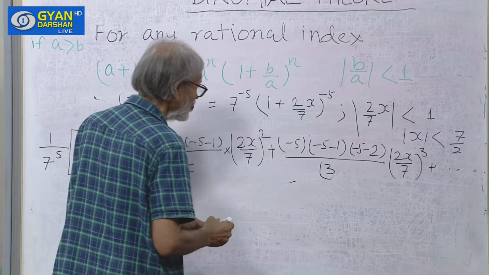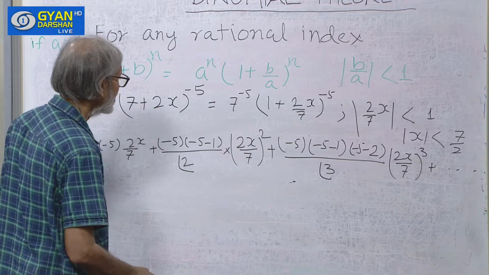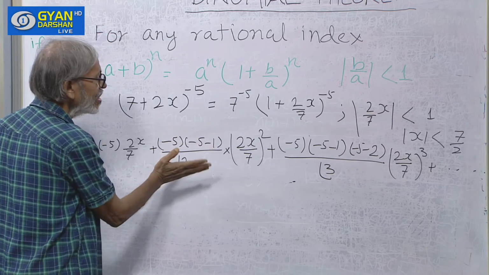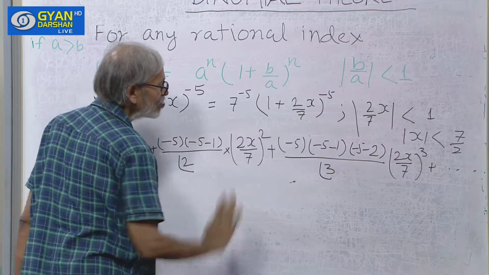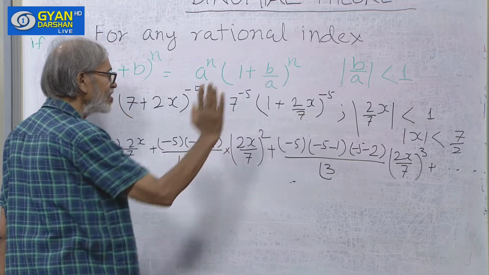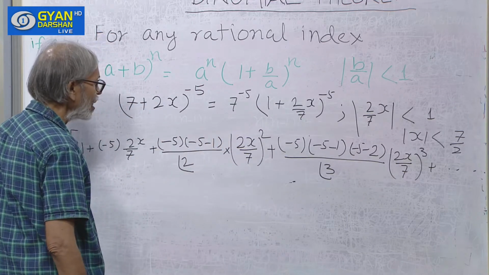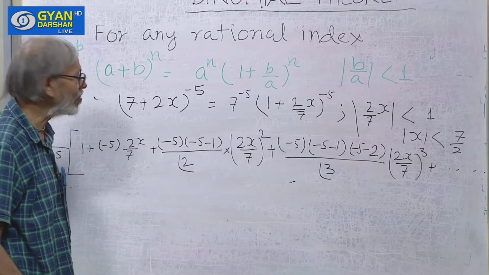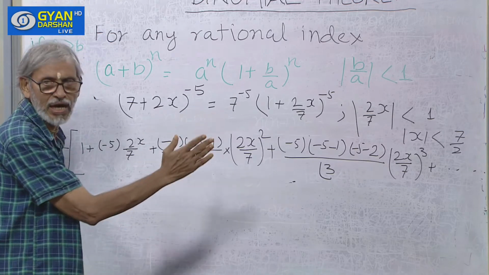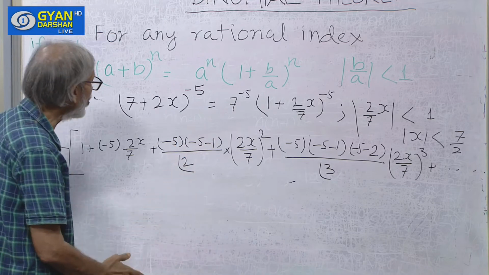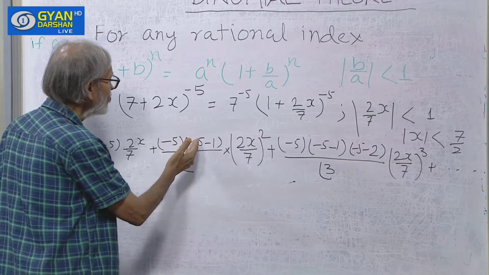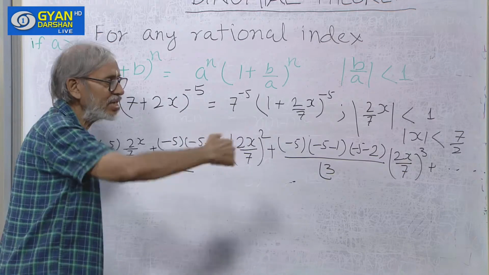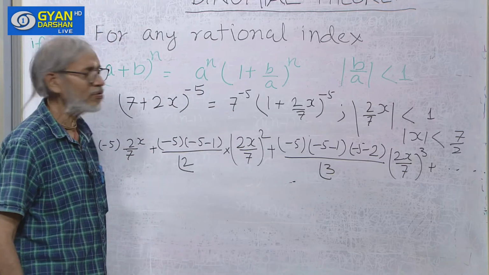Now, friends, the point which I want to make here is that these binomial coefficients will never become 0. In the case of a positive index, it becomes 0 after n, because when you come to n minus n, it will become 0, and then afterwards all the terms will be 0.